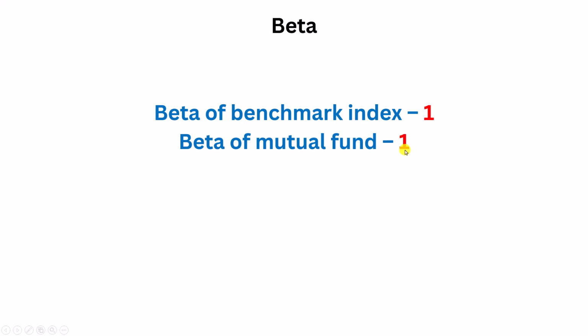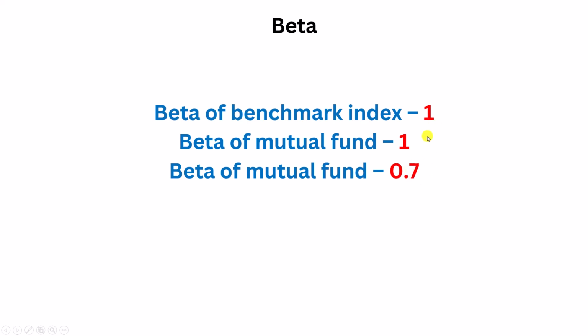Now, instead of beta equal to 1, if the beta of the mutual fund is 0.7, then it means if the index moves up by 1%, then the mutual fund moves up by 0.7%. If the index falls by 1%, then the mutual fund would fall by 0.7%.